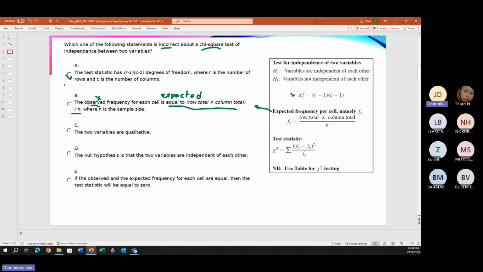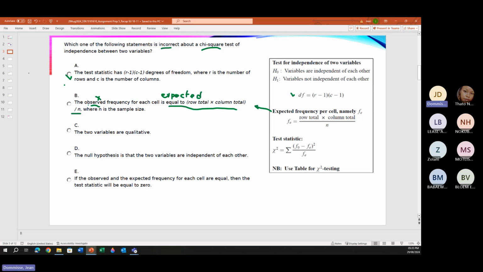The observed value is just the number that they will always give you. The observed number is what they see in the sample. So if this was a cross-tab between students studying stats and maybe economics, the observed will just be how many of the students are doing that.